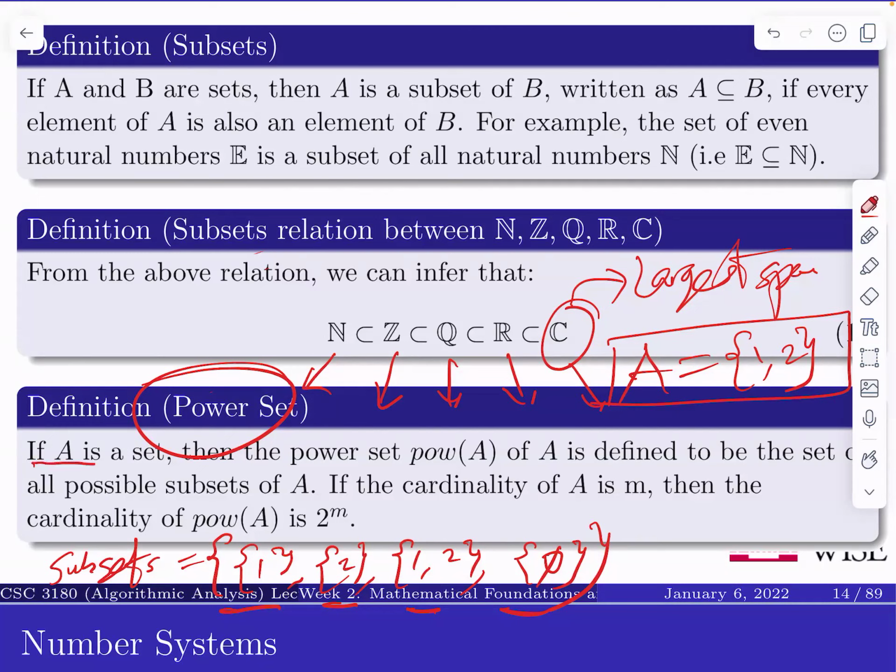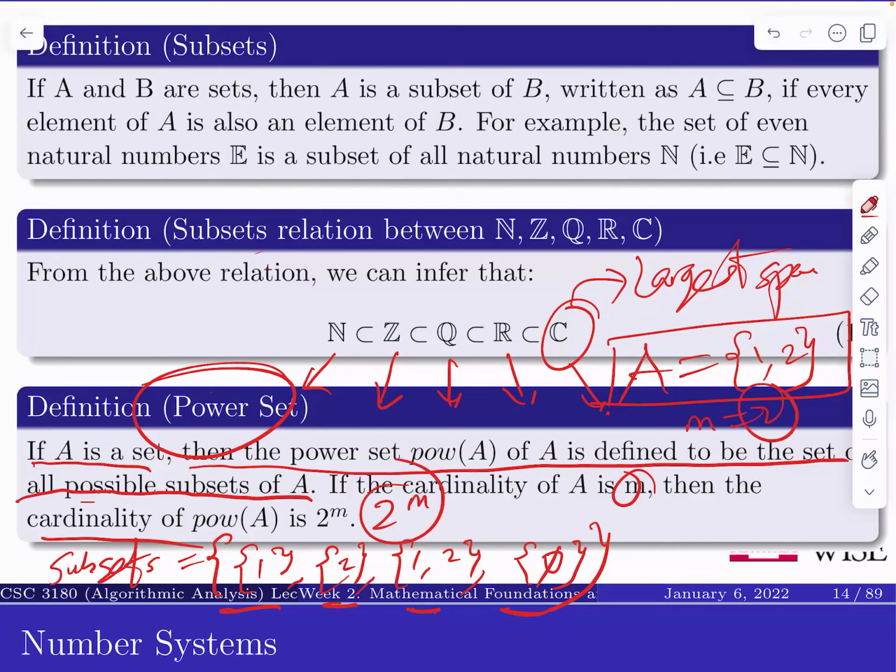So if A is a set, then the power set of A is defined to be the set of all possible subsets of A. If the number of elements in the set A is M, then the cardinality of the power set is going to be 2 raised to power M. When M is 2, 2 raised to power 2 gives you 4, so the number of subsets of A is 4.